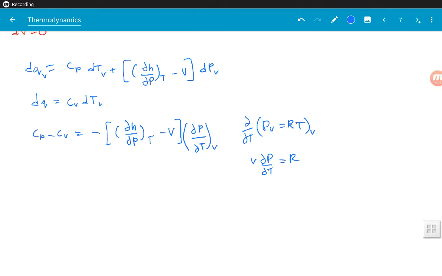So, using the same relation of del H, because again we cannot actually measure the change of enthalpy due to the change of pressure at constant temperature, we make use of the same identity.